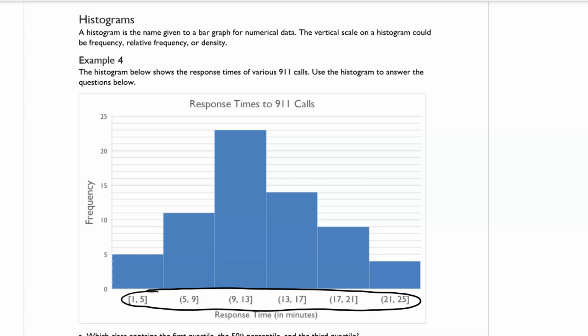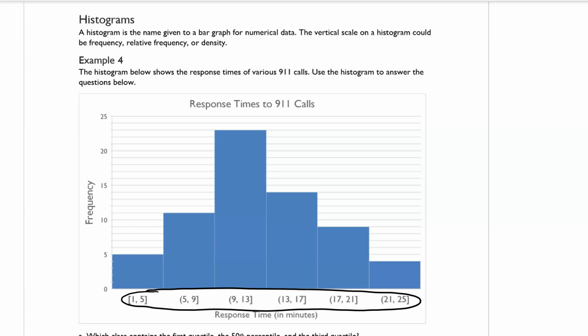Because this represents a response time, that could be an infinite number of things. It could be 1 minute, it could be 1 minute and 20 seconds, it could be 1 minute and 40 seconds and 2 milliseconds, it could be 2 minutes, 2 minutes and 30 seconds. So really there's infinitely many values within each of these intervals.